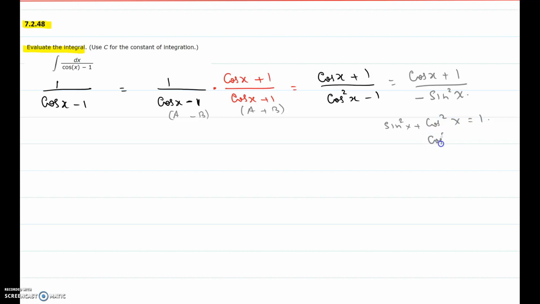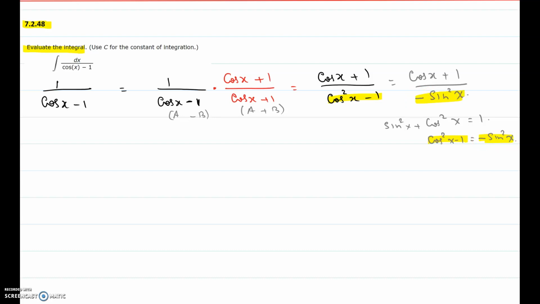If you move the 1 to the other side, then sine square becomes negative sine square on the other side. So the denominator, cosine square x minus 1, is equal to negative sine square x.